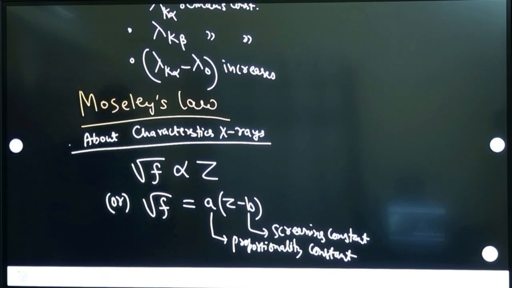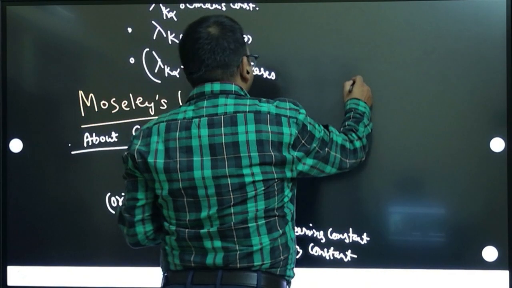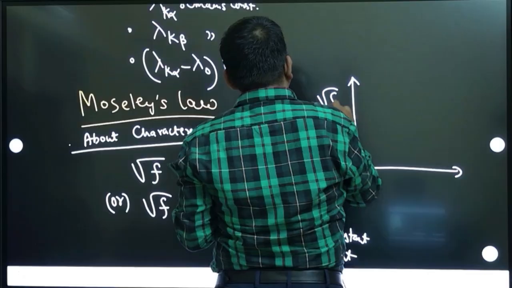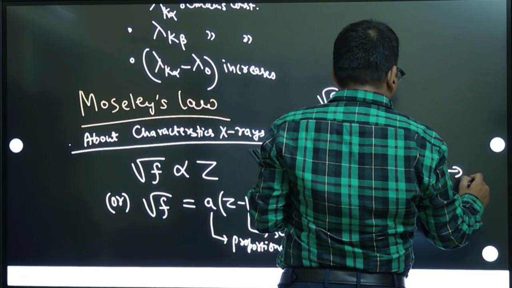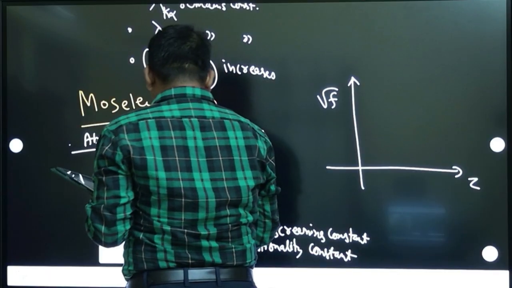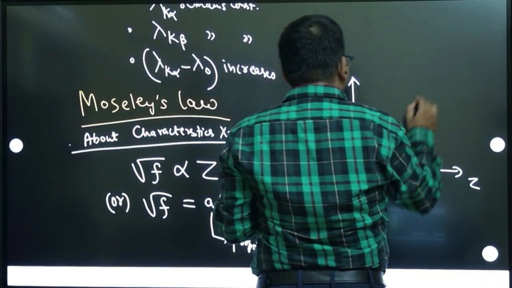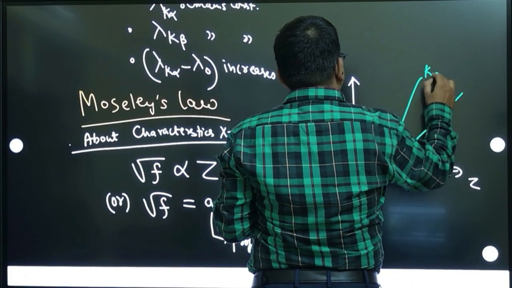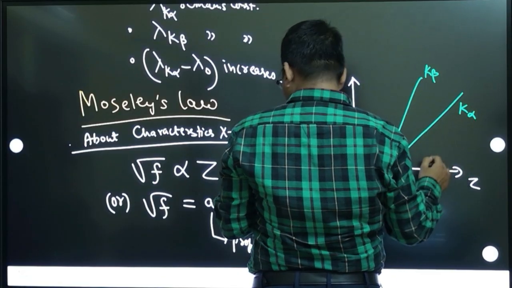You can draw the graph of this also. It is possible to draw the graph of root of frequency versus Z. And if you draw this graph for K series it will come like this. So this is for K beta and this is for K alpha.